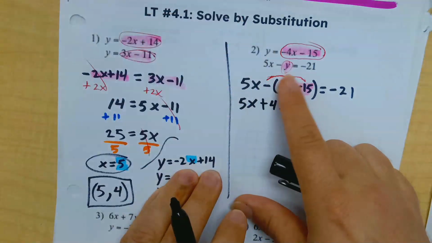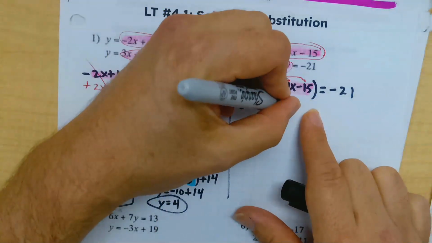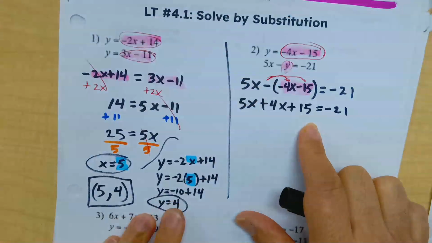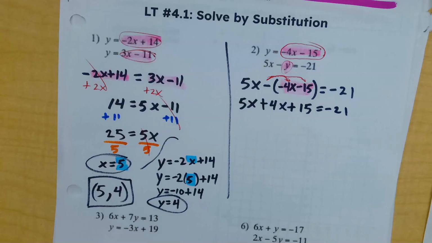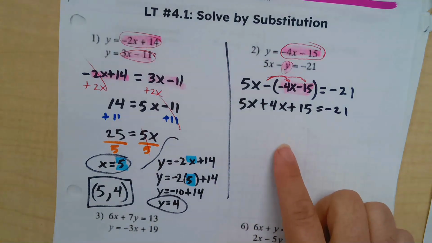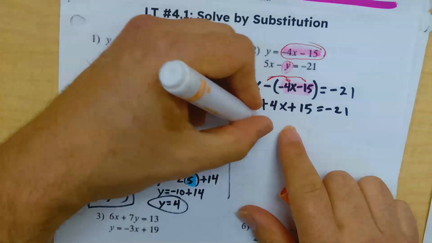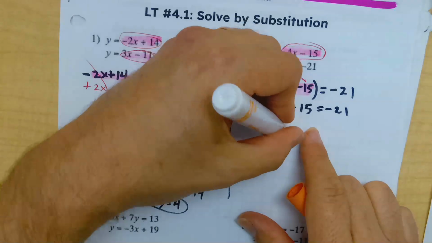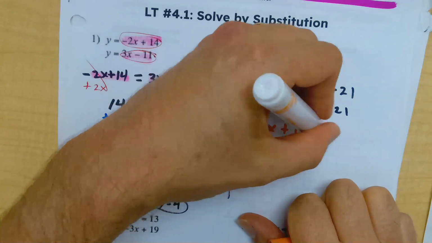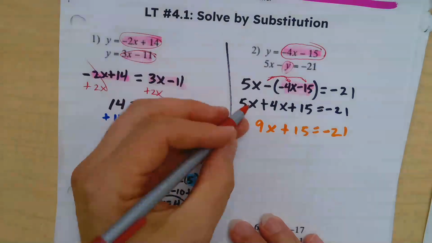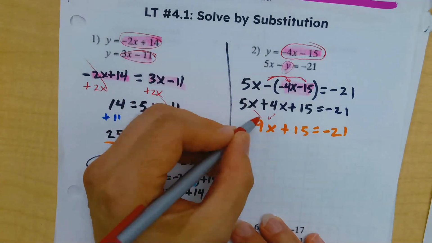And the negative times the negative 15, we're going to end up with plus 15 equals negative 21. Okay? So now I can combine the like terms. The 5x and the 4x is going to give me 9x plus 15 equals negative 21, because these two add up to give me 9x.